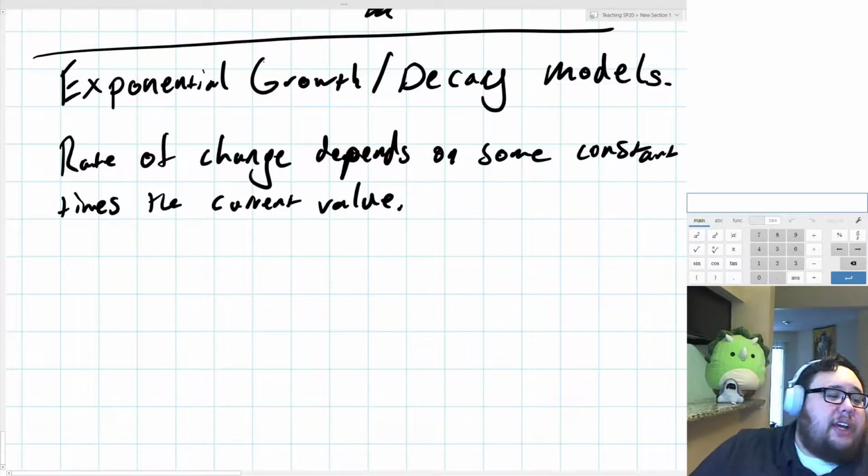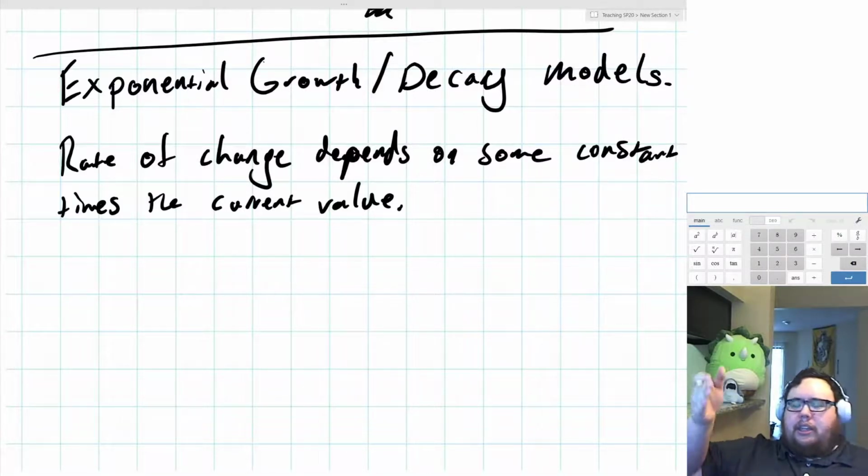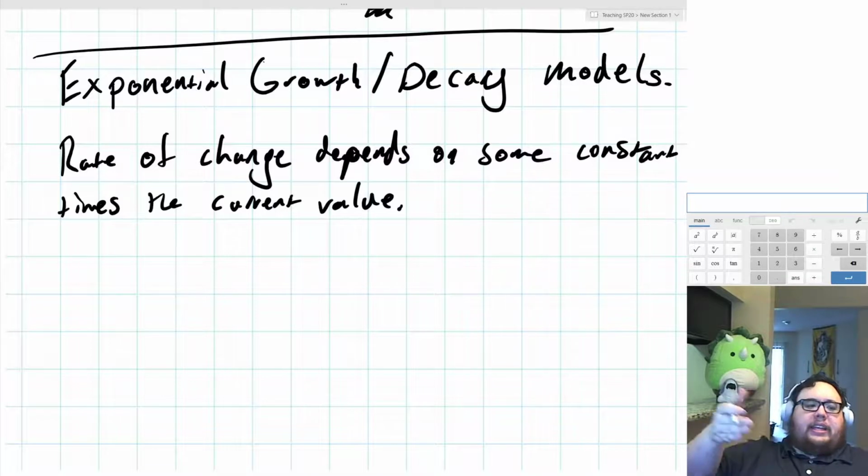Like you can have an exponential equation that doubles every period, right? That would be saying that the rate of change should be some multiple of the current amount, right?